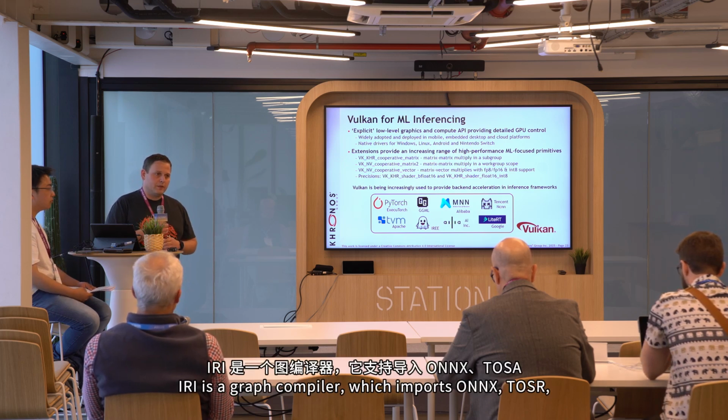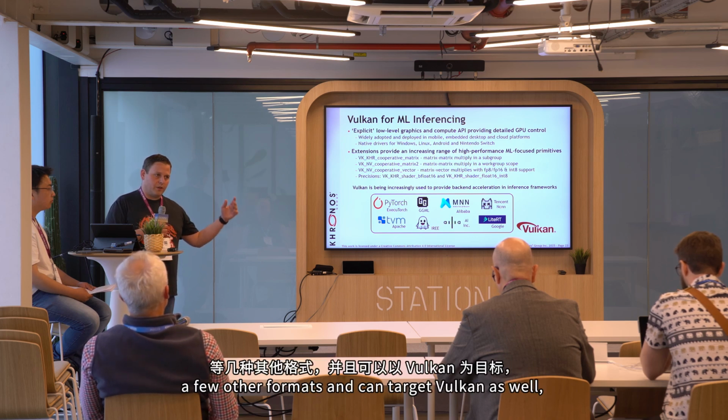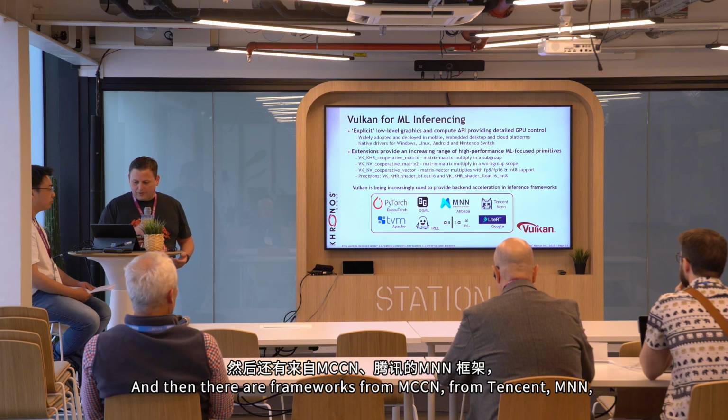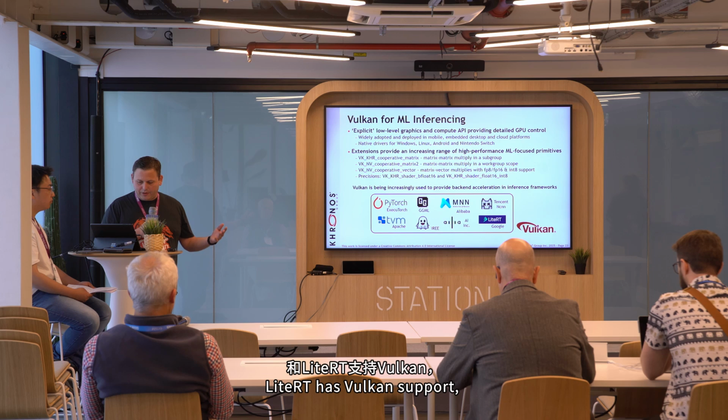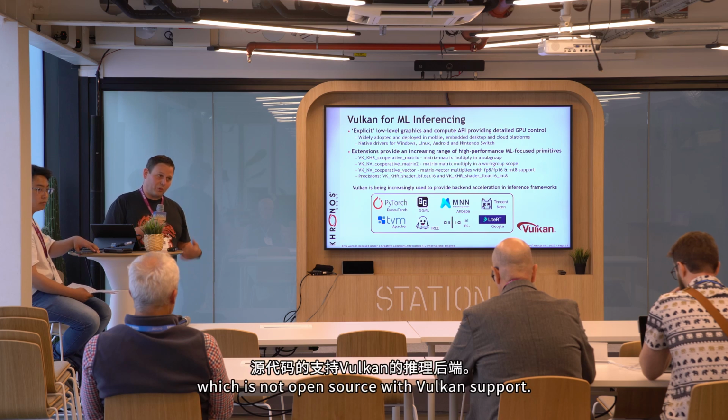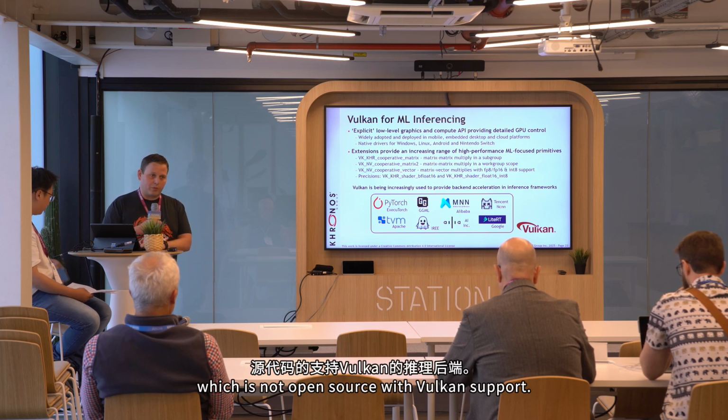IREE is a graph compiler which imports ONNX, TOSA, and a few other formats, and can target Vulkan as well, including cooperative matrices to get tensor core support. And then there are frameworks from Tencent, NCNN, MNN, LiteRT has Vulkan support, and AILA Inc. also has an inference backend, which is not open source, with Vulkan support.